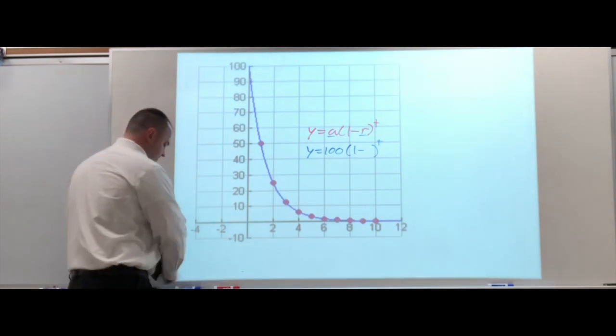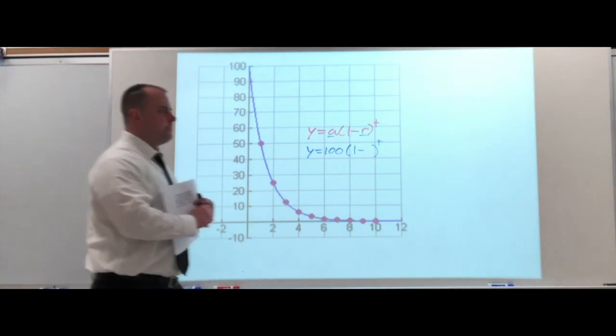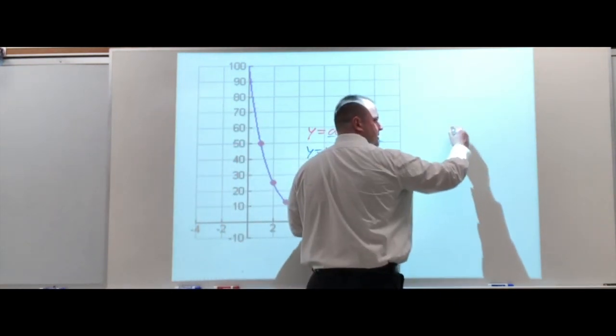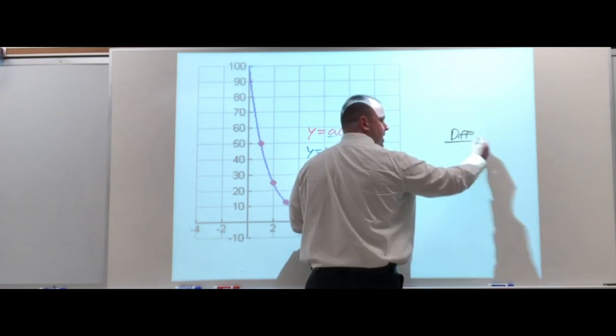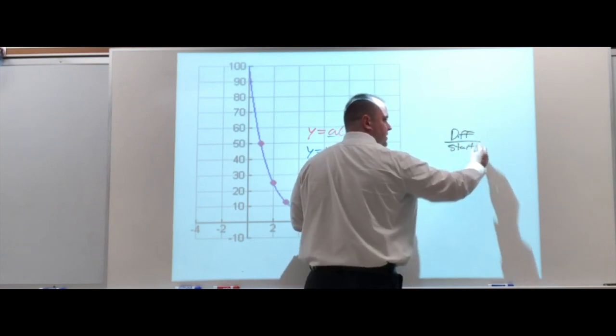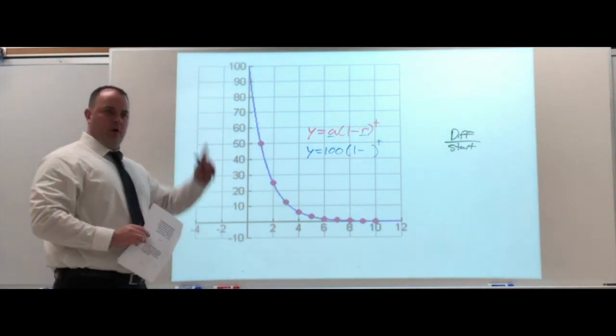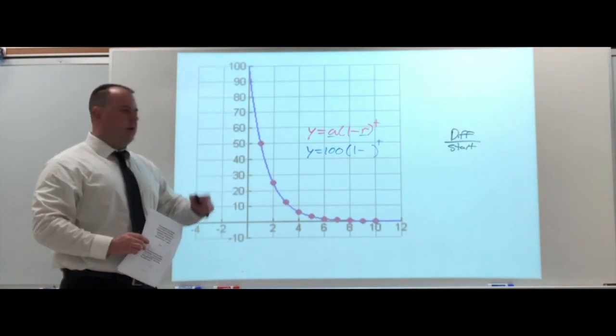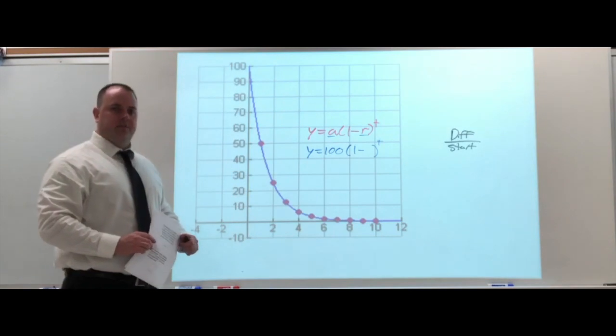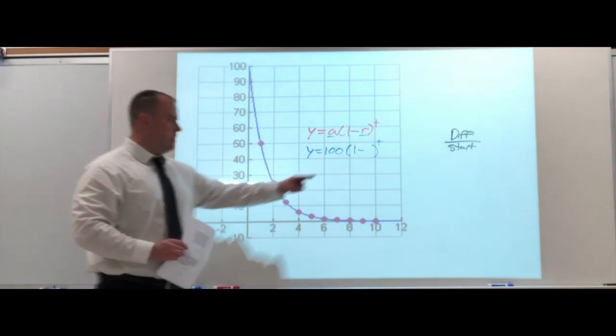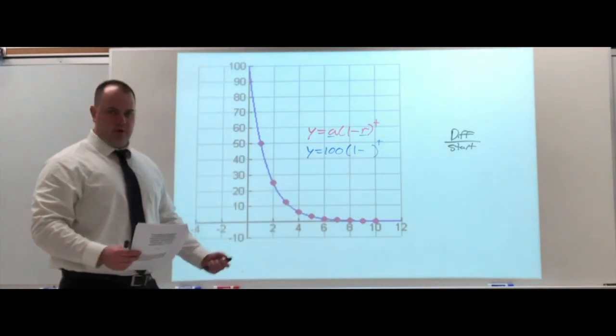Now to get that rate, what you need to think about is the difference divided by the start. I want to know what is the difference from the first point to the second point, and what is that difference divided by the starting point? That will give you your R, no matter if it's growth or decay.